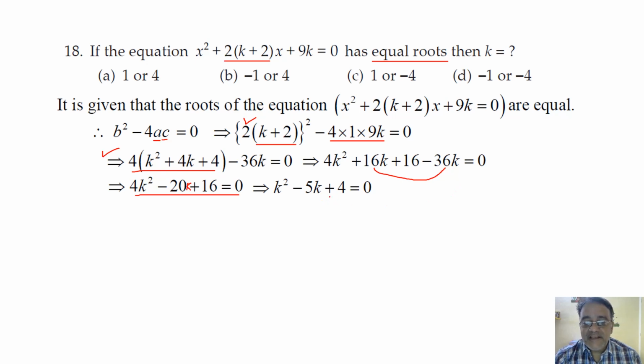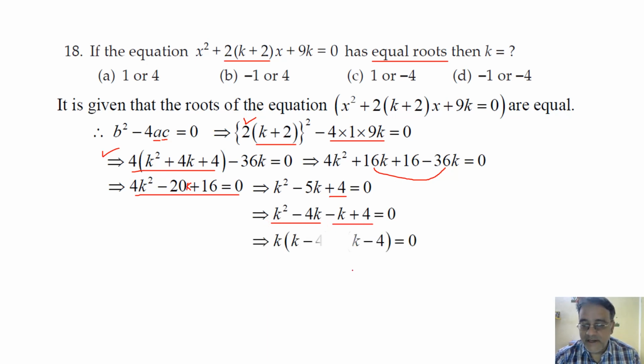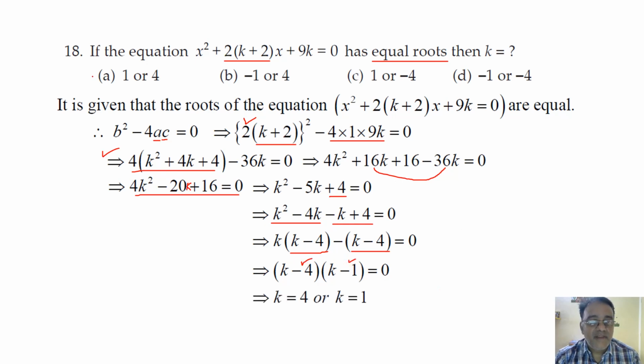So product is plus 4. Two factors of 4 whose total should be 5: 4 and 1, and both should have the same sign. So the sign of the sum is to be used. So minus 4 minus 1. And what is common between these two? K. So we are getting k minus 4 into k minus 1. So the final answer is 4 and 1. So which is the correct option? Option A.